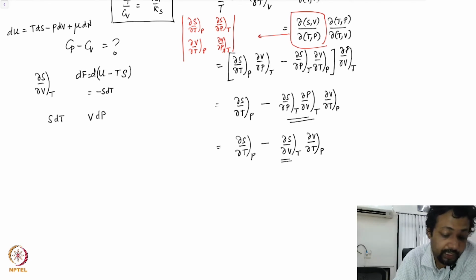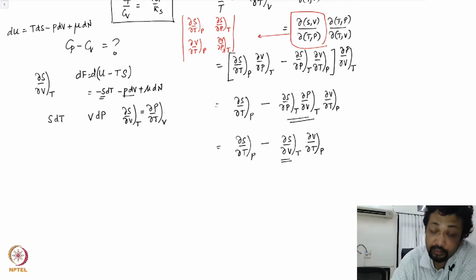So dU minus TdS, if you bring it this side, is minus PdV plus mu dN. So now you see, if I want to write down the Maxwell relation for this too, I have del S del V at constant temperature equal to del P del T at constant volume.